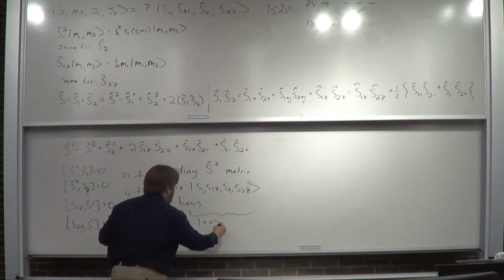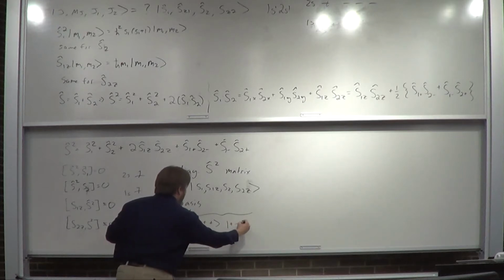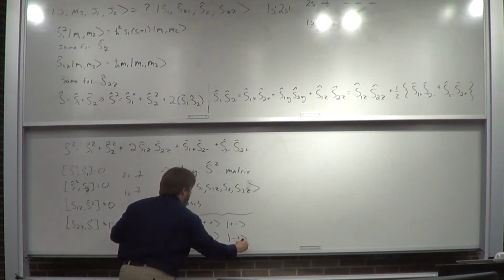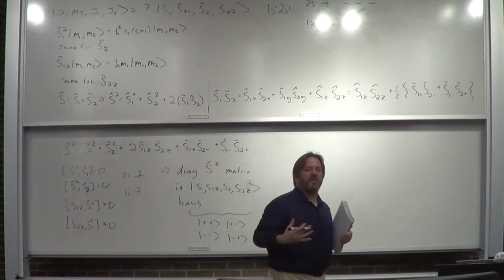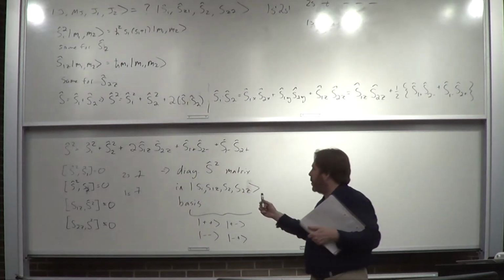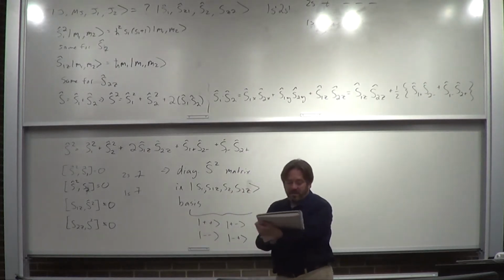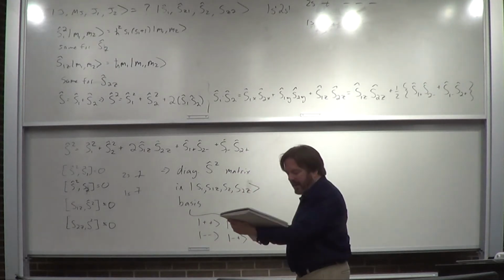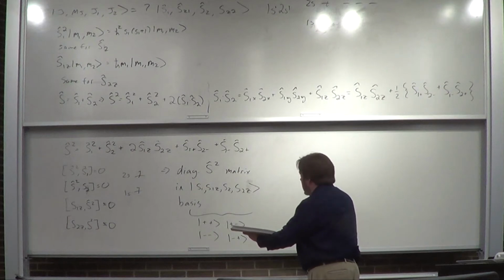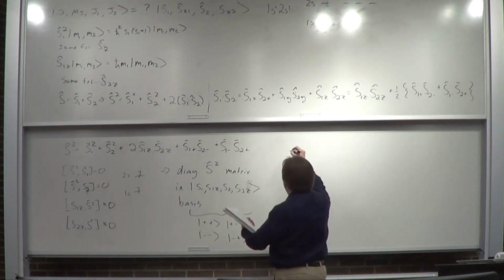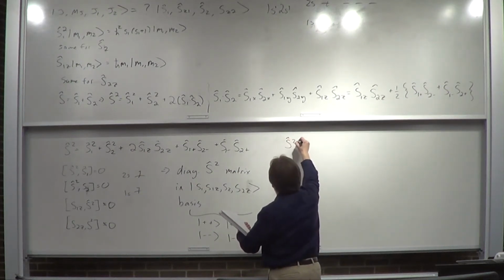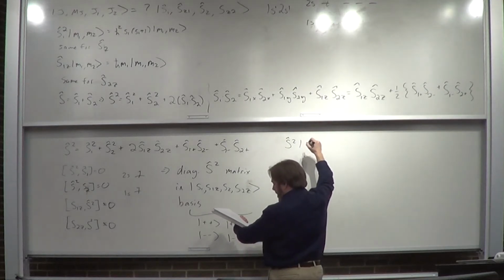So I'm going to do that plus plus, minus minus, plus minus, and minus plus. Those are the four states, and I will make the S squared matrix using those basis states. Now just so your mind isn't totally blown, you can work through this yourself if you feel like.